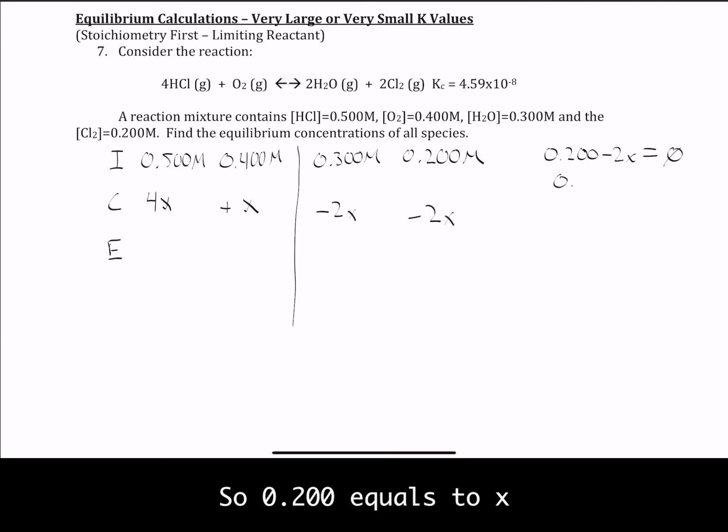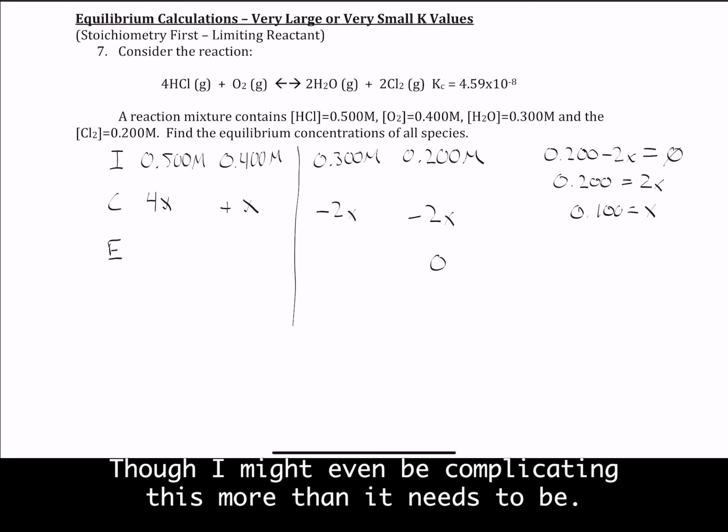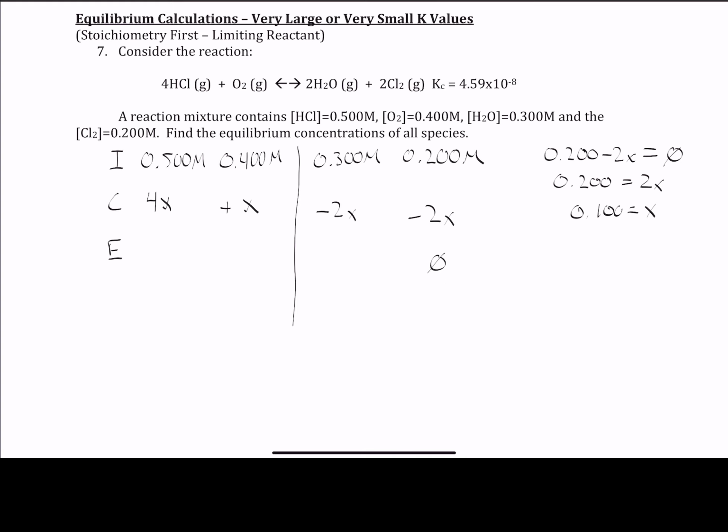So 0.200 equals 2x, 0.100 equals x. Although I might even be complicating this more than it needs to be.